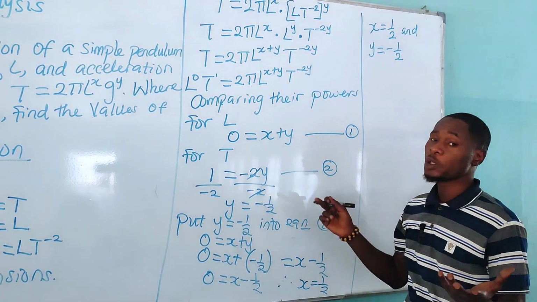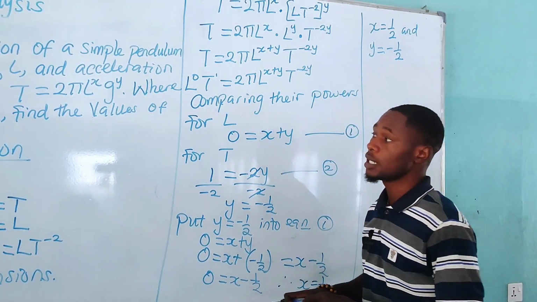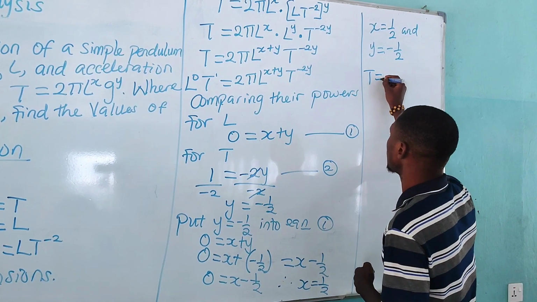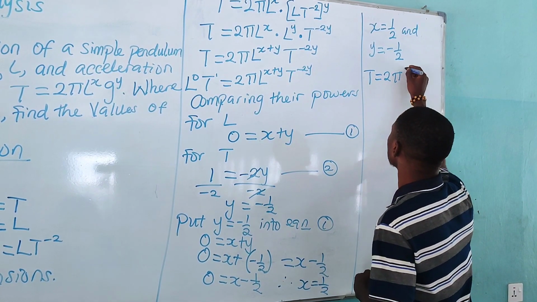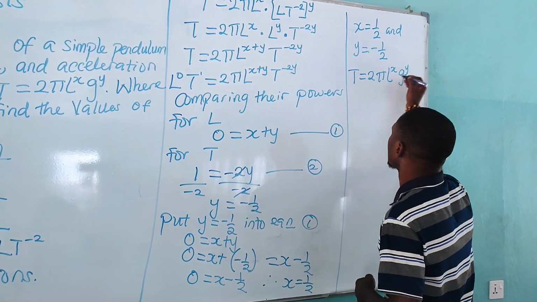Let's substitute the values of x and y in our equation to find the actual relationship between them. Recall that the equation given is t is equal to 2 pi L power x and g power y.